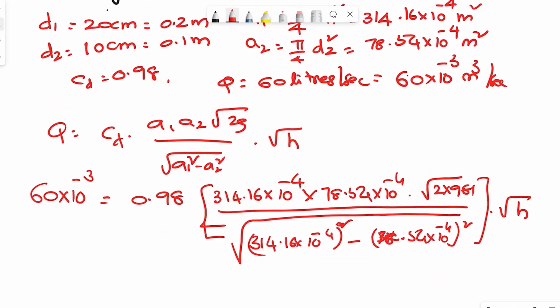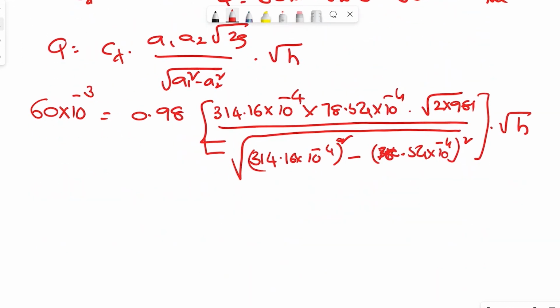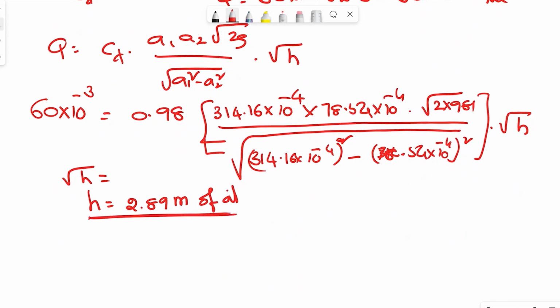If you calculate all these things, you will get root h first, and from that h is equal to 2.89 meters of oil.